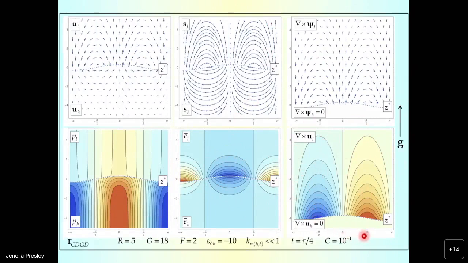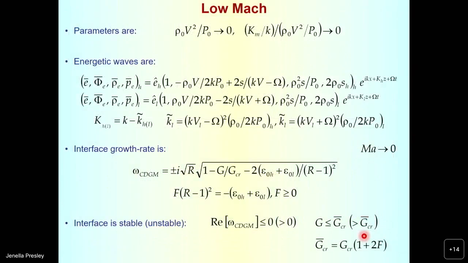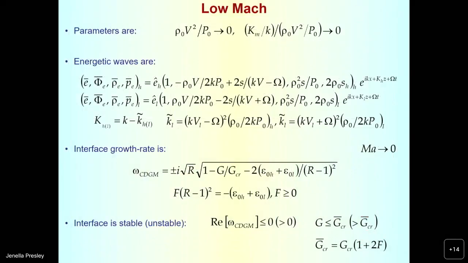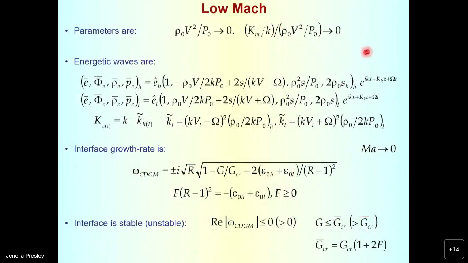And now, the low Mach limit. I call it the low Mach limit because in this case, our Mach number approaches 0, but it doesn't approach 0 as quickly as our characteristic Km value. So in this sense, our Mach number becomes a smaller parameter compared to the parameter set by the thermal conductivity.